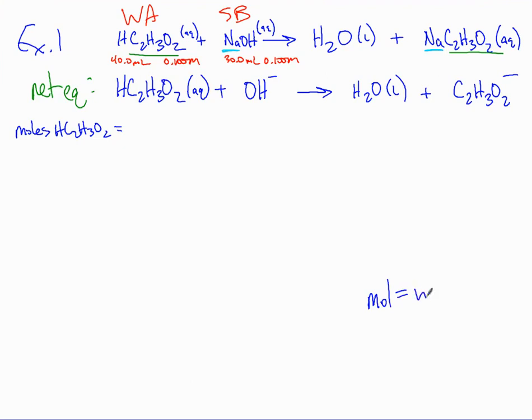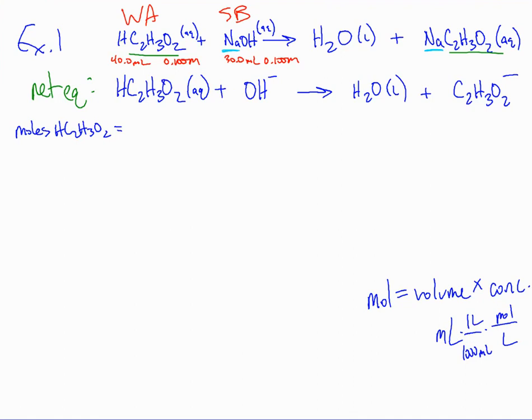Number of moles is the volume times the concentration. And volume, right now we've got milliliters, and concentration, molar, is moles per liter, which means you also have to convert to liters.